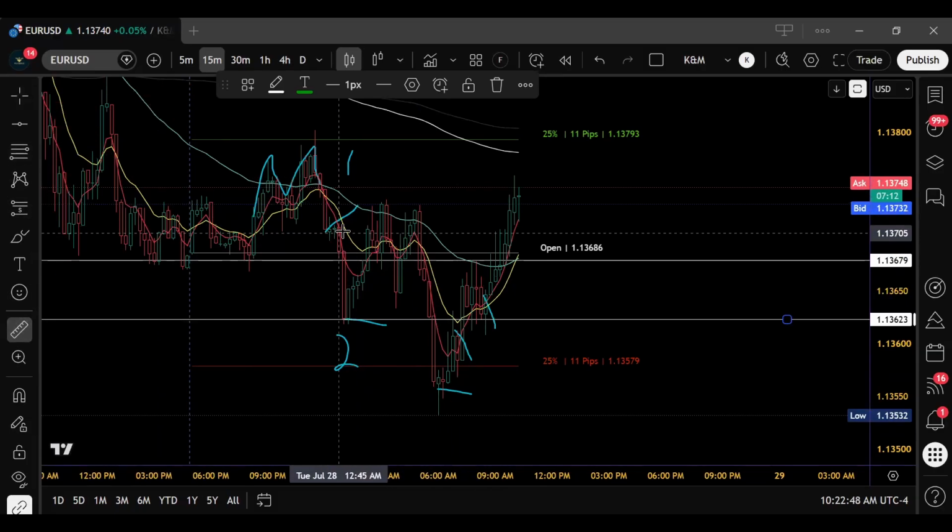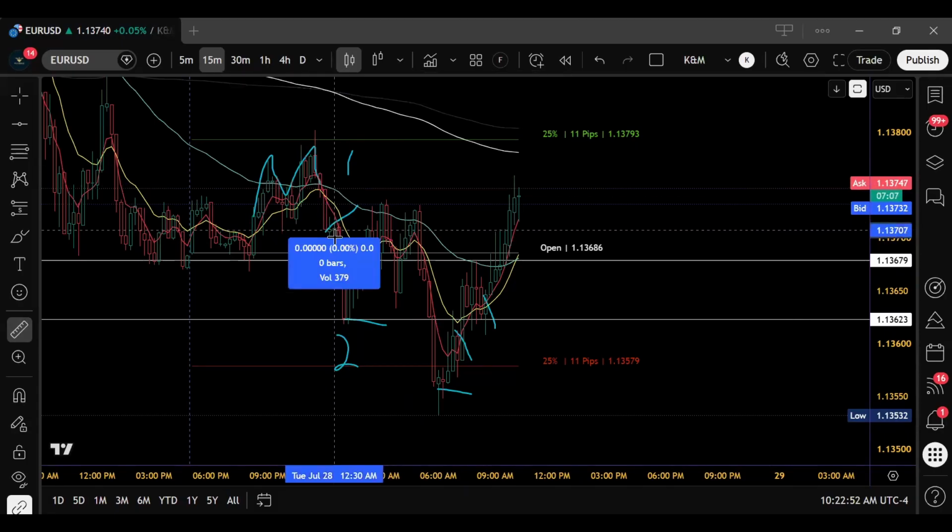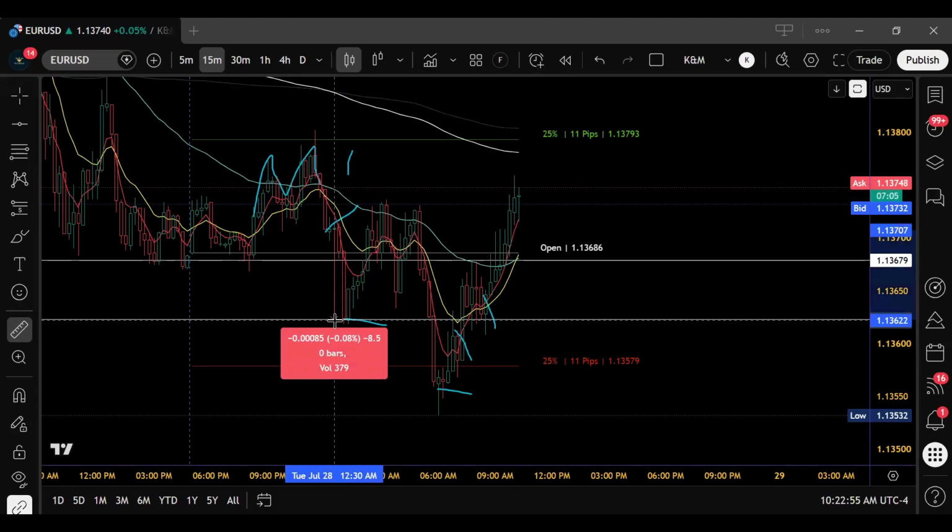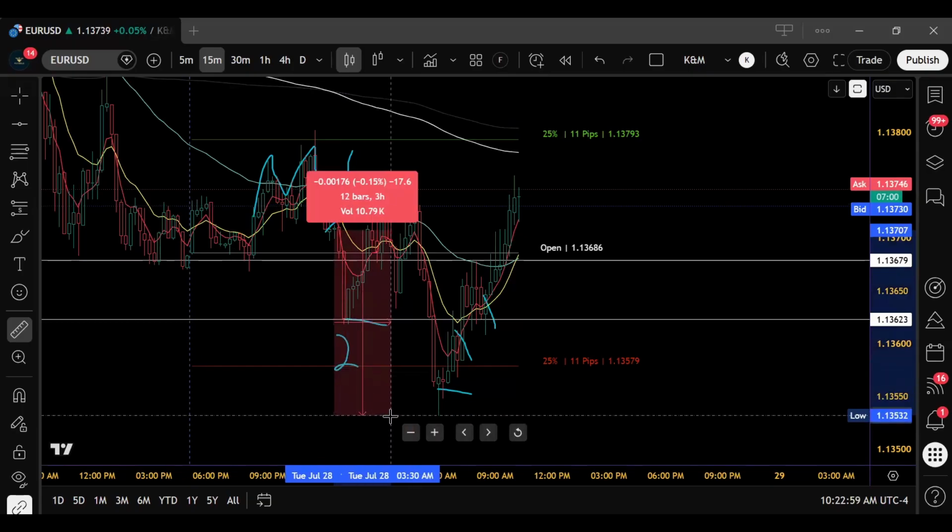So what I'm going to do, I'm going to count the pips at the end of level 1 to 2. That was only 8 pips. And to the bottom, it was 17.